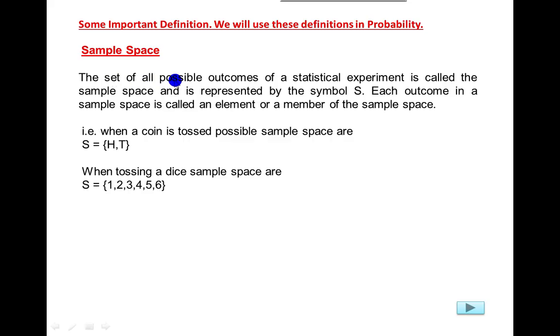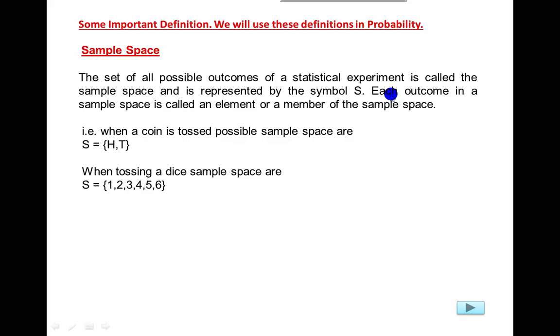Possible outcomes means all possible results of any experiment, any procedure or statistical experiment, is called the sample space, and is represented by the symbol S. You have used the symbol S for standard deviation also. This is a capital S.